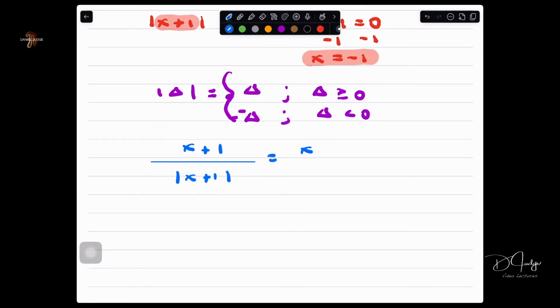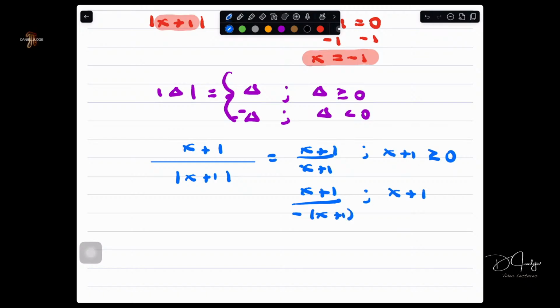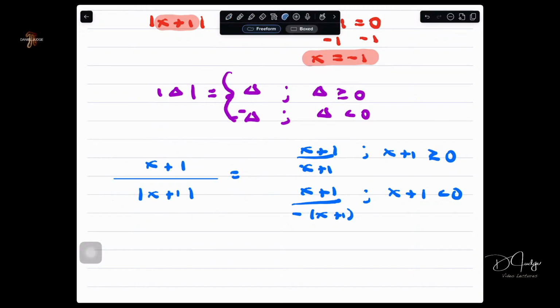By definition, it is x plus 1 over x plus 1 when the x plus 1 is greater than or equal to 0. It is x plus 1 over minus x plus 1 when the x plus 1 is less than 0. And let's move this around here so you guys can see this very clearly.